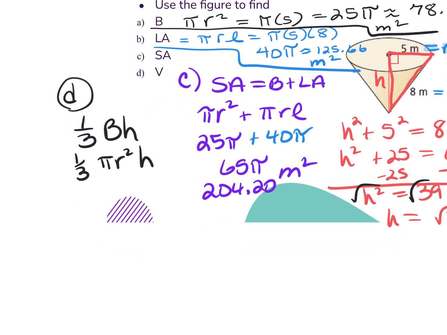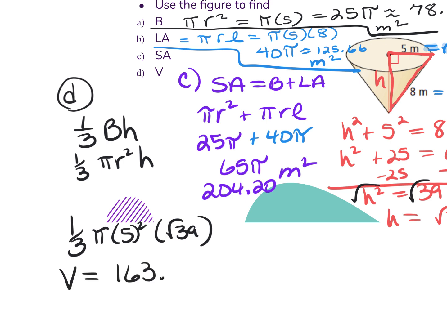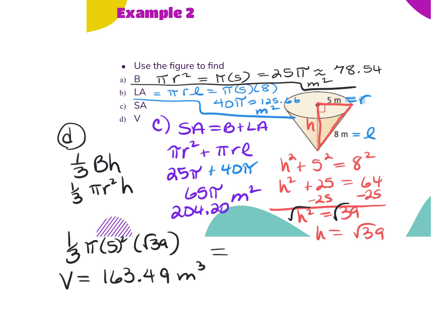Let me fill it in. 1/3 pi times 5 squared times the square root of 39. And then just do this straight on your calculator. Round to the hundreds place, and you will get 163.49 meters cubed.